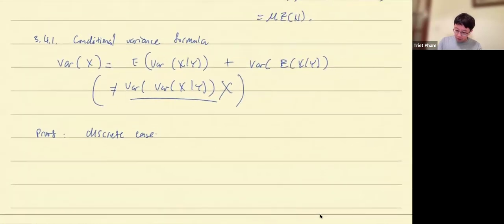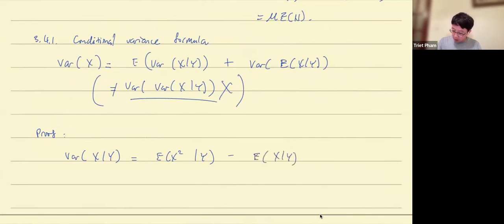So how do we do this? The key is again understanding what the conditioning means. The variance of x given y is the expectation of x squared, minus the expectation of x given y, squared. That's the conditional variance. And the expectation of x given y is a random variable.